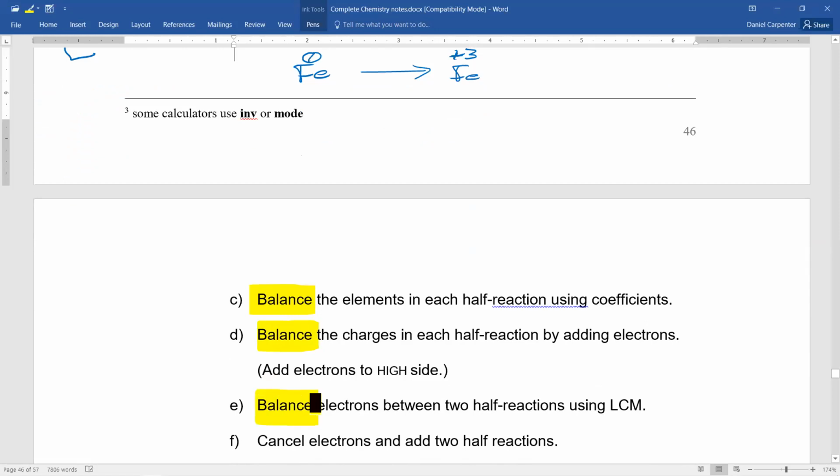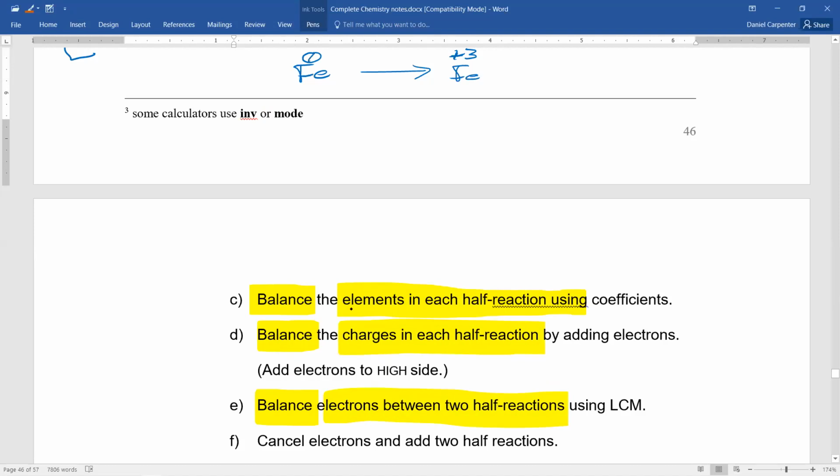So if you're not paying attention, if you're not thinking, if you're not noticing, it'll sound like the same thing. So in C, we're balancing the elements in each half reaction. In D, we're balancing the charges in each half reaction. And in E, we're balancing the electrons between the two half reactions.